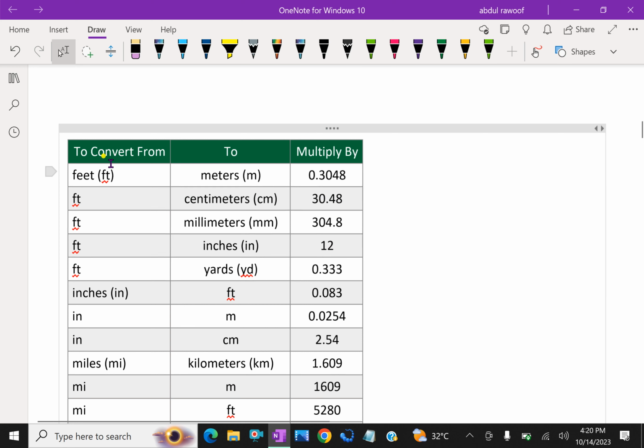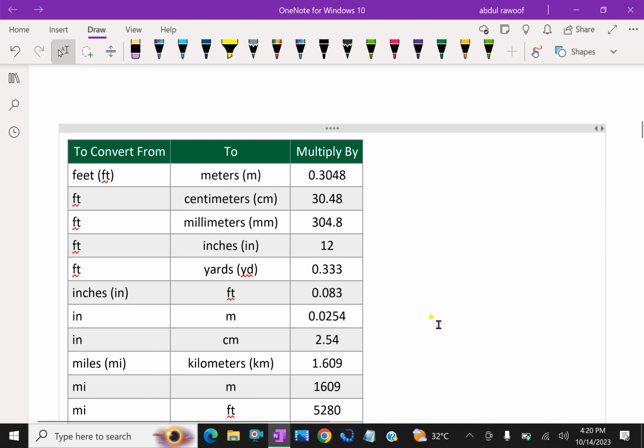First, convert feet to meters, feet to centimeters. Feet to meter, the conversion factor is 0.3048.